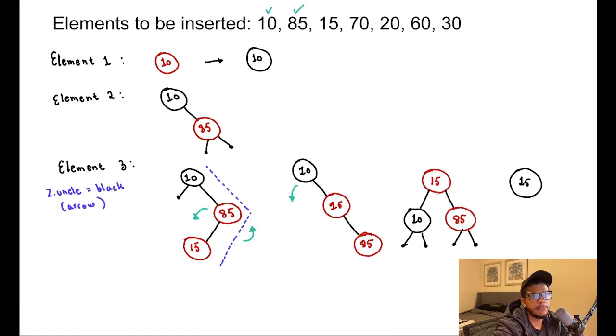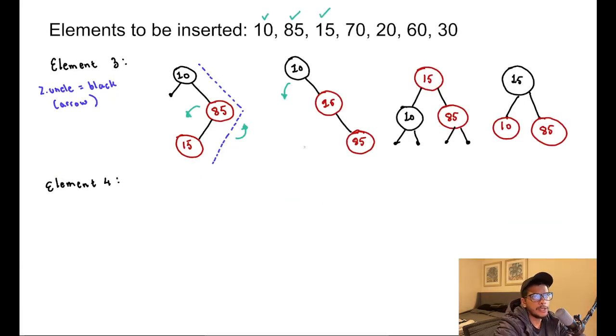If we just color 15 black and leave node 10 as it is, then it will have more number of black nodes in the left subtree. So that cannot be the case. So we're gonna also color node 10, and now we can start inserting element 4.